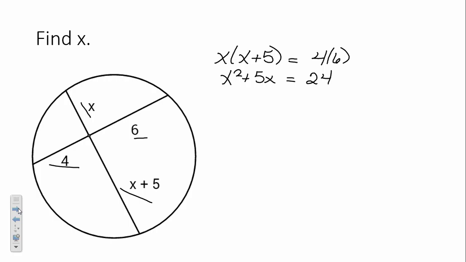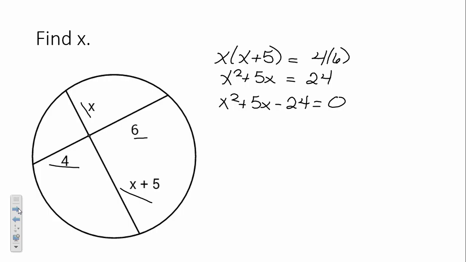Now what do we have to do? We can't just take the square root of them because we've got a 5x there. It's quadratic now. So we've got to get everybody to the same side. So x squared plus 5x minus 24 is 0.